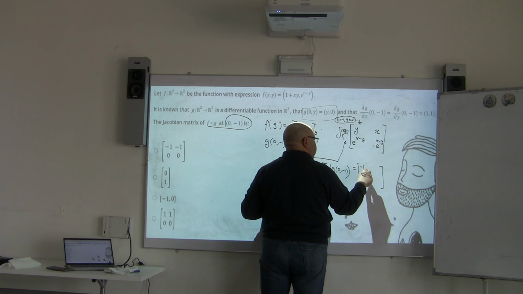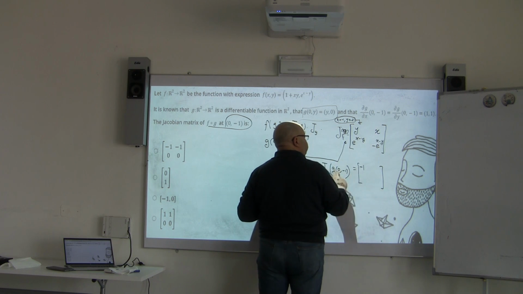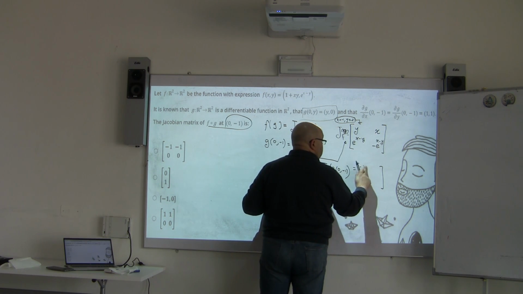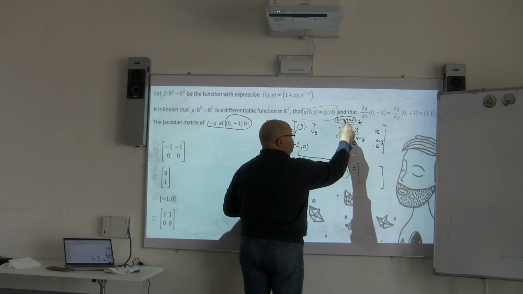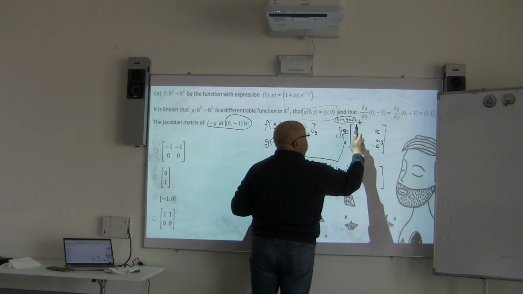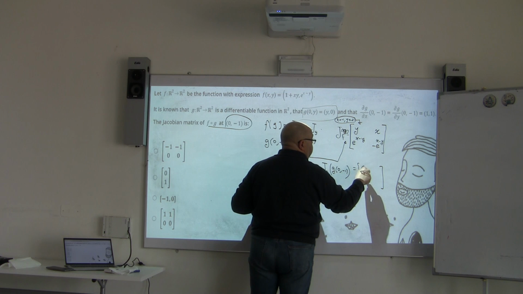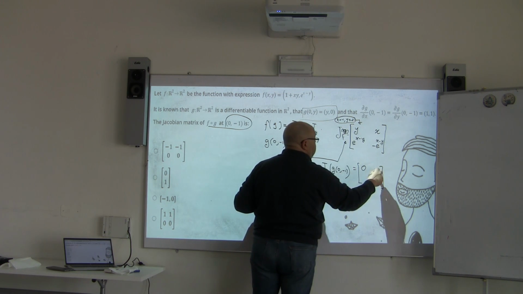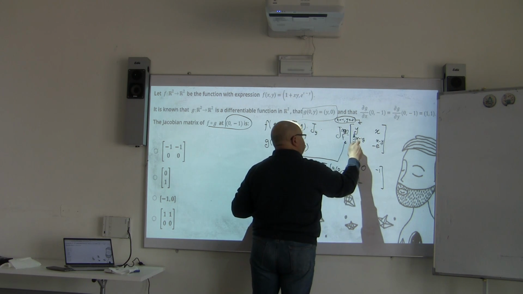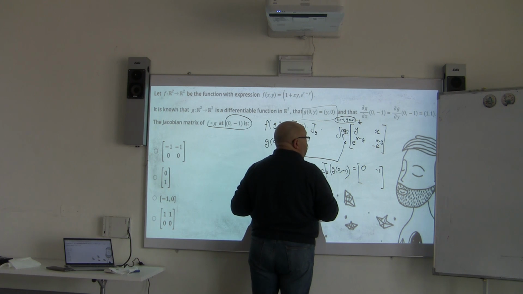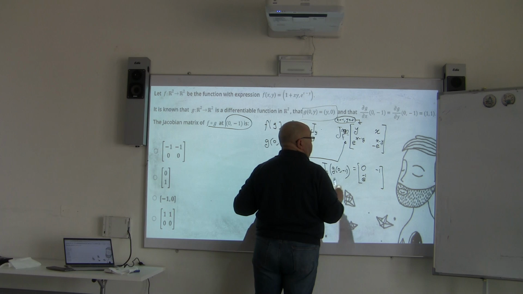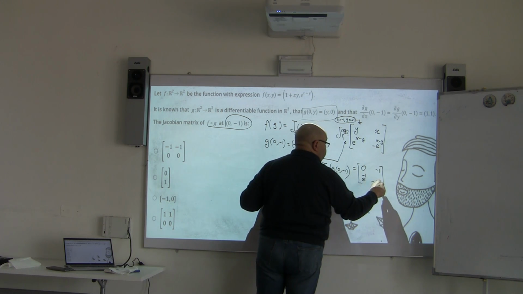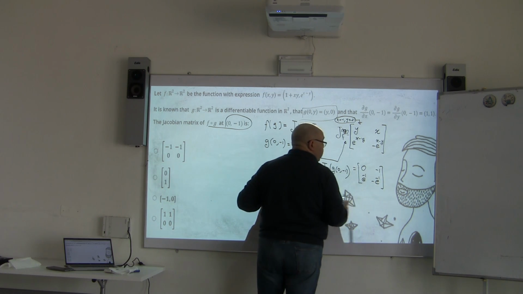For g of 0 and negative 1, as I told you, the output is negative 1 and 0. So I will replace y by 0 and x by negative 1. In a similar manner here, I will put y equal to 0 and x equal to negative 1, so it's e to the power of negative 1. In a similar manner, it's going to be negative e to the power of negative 1, as you can see.